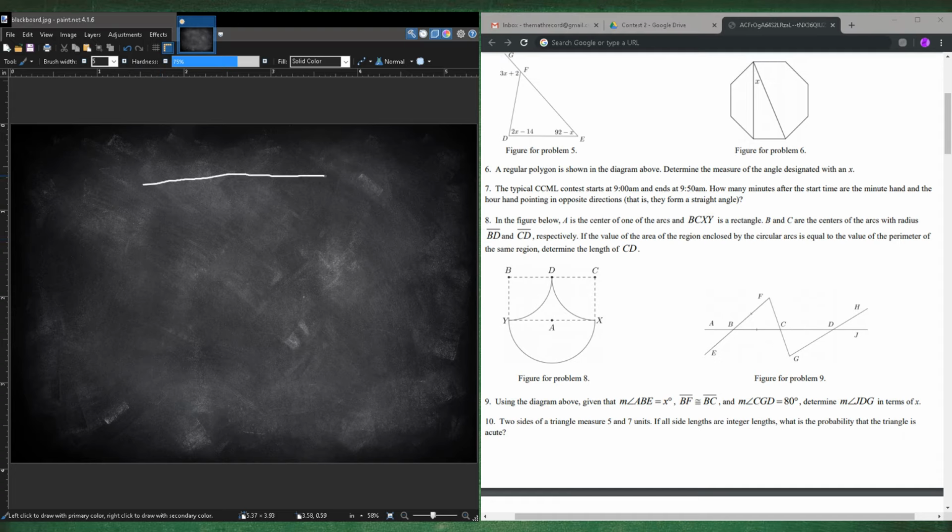So let's kind of draw this out. So we have something like this. You know, this thing is kind of like a circle, and then you have another circle here, another circle here. Sorry that my picture is not that good. But let's imagine this is X, right? B and C are centers with radius BD and CD.